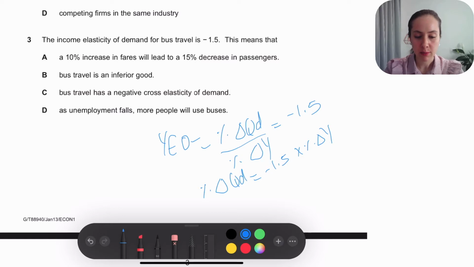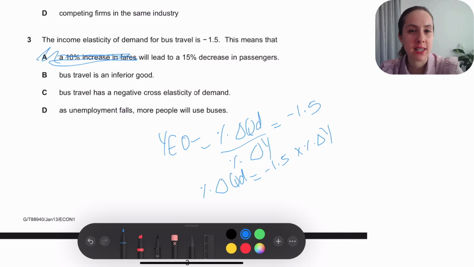A is asking about a 10% increase in fares. That is not YED, I think. Yeah, that is PED. No, we are not given information on PED, we're given YED information.